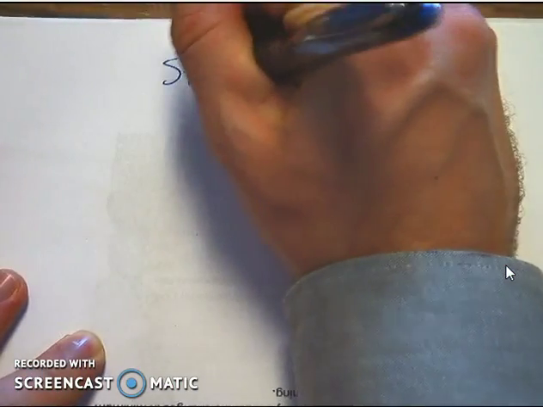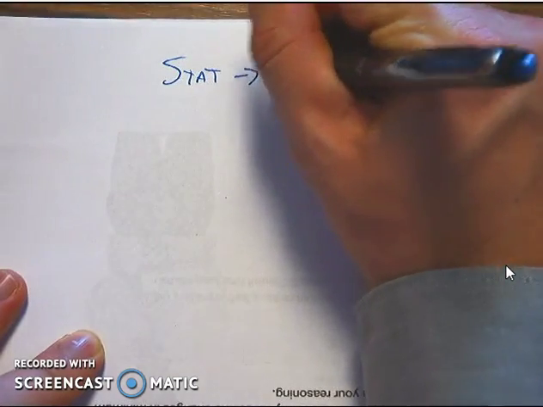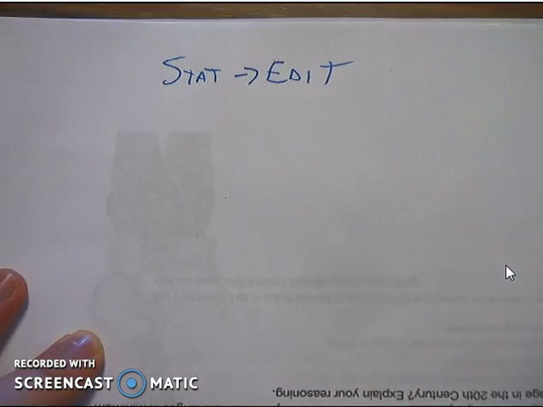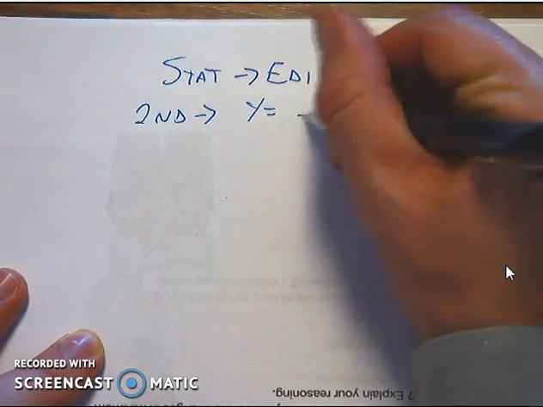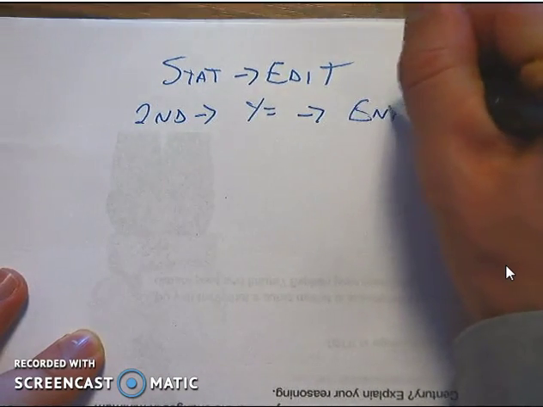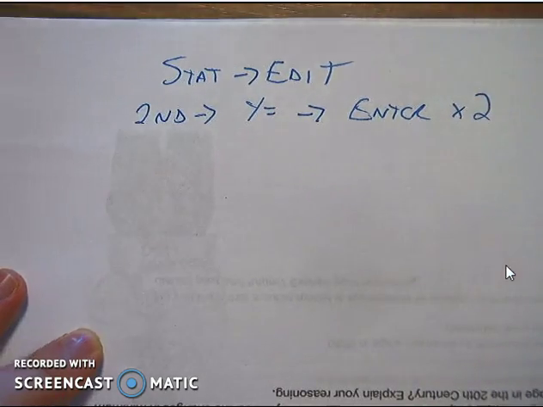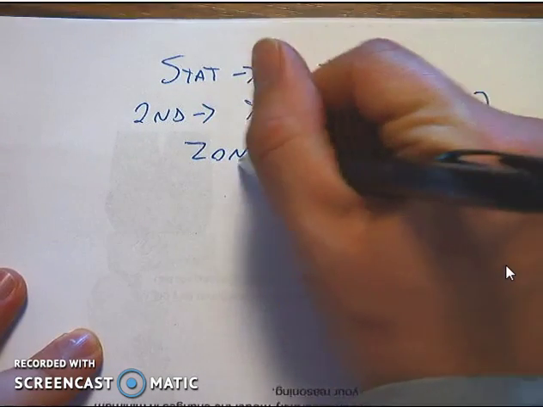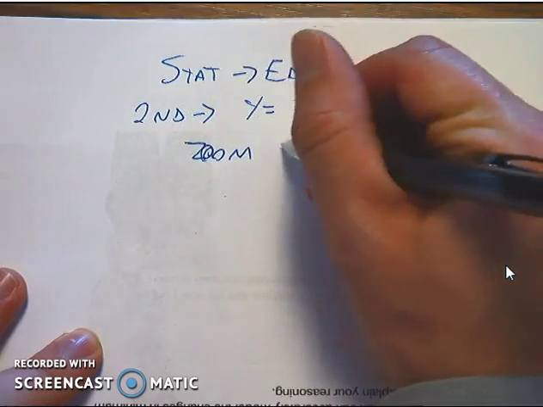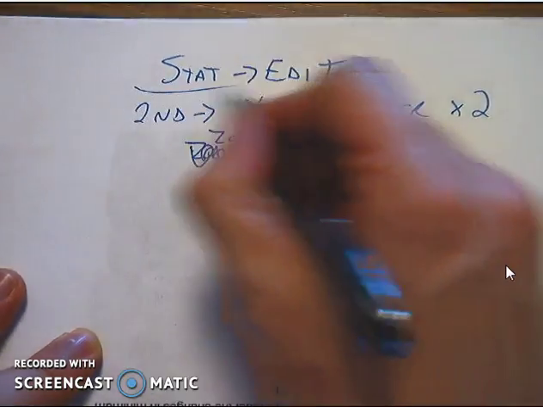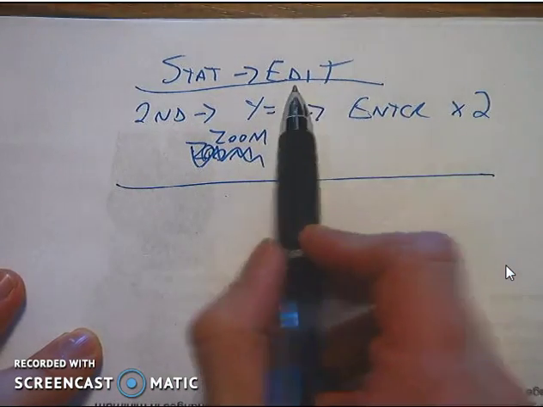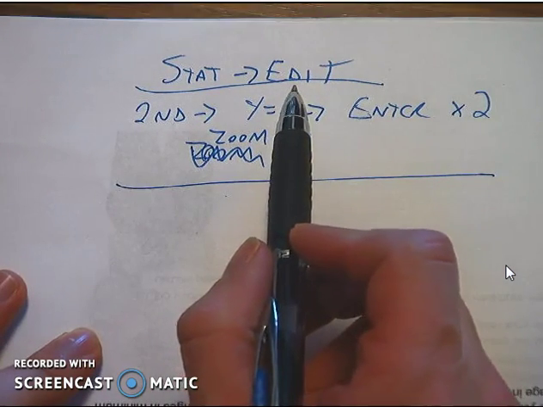But let's just make a couple of notes about the important calculator things that we did. So remember, we're doing stat edit to type in data. To see the data, we're doing second, y equals, enter, enter, and then we're doing zoom 9. So this sets the data in the calculator.